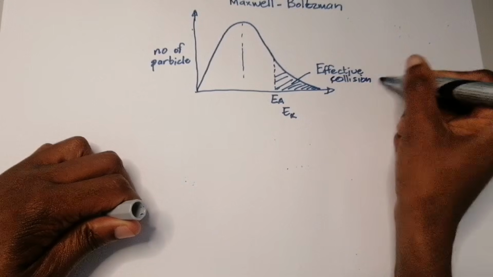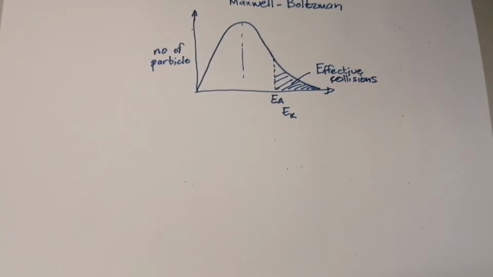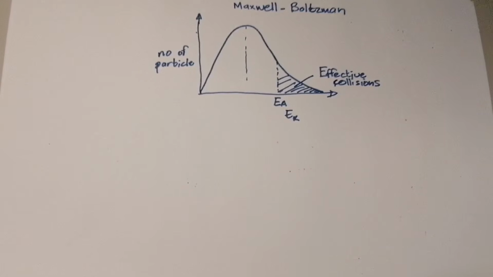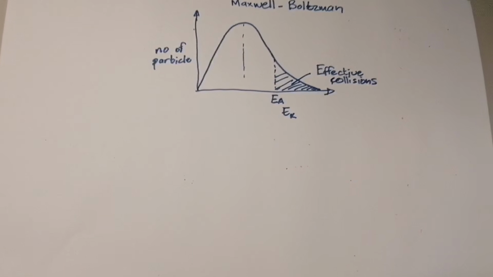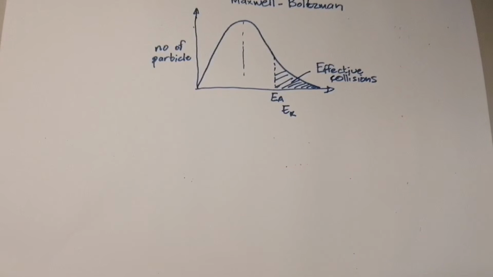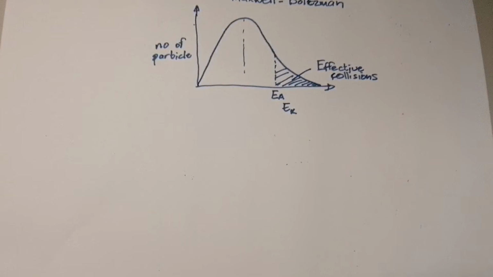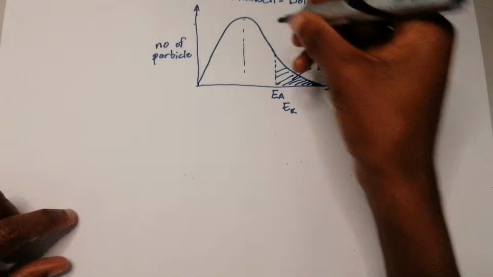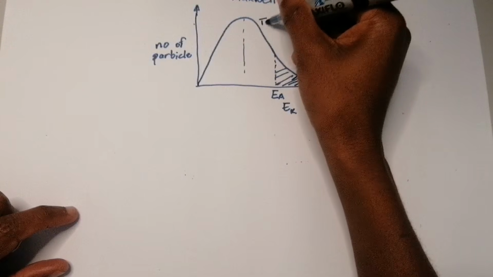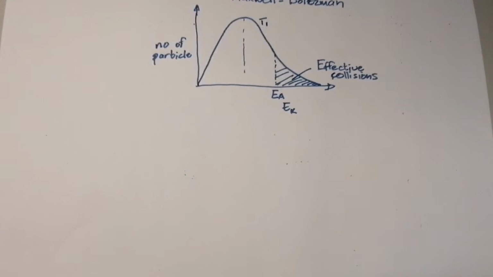Now, I don't know if I want you to spend as much time on this one, but let me explain something quickly about the Boltzmann distribution. Let's say temperature 1 gives you that shape of a curve. What if I give you the same reaction but at a higher temperature? What happens?